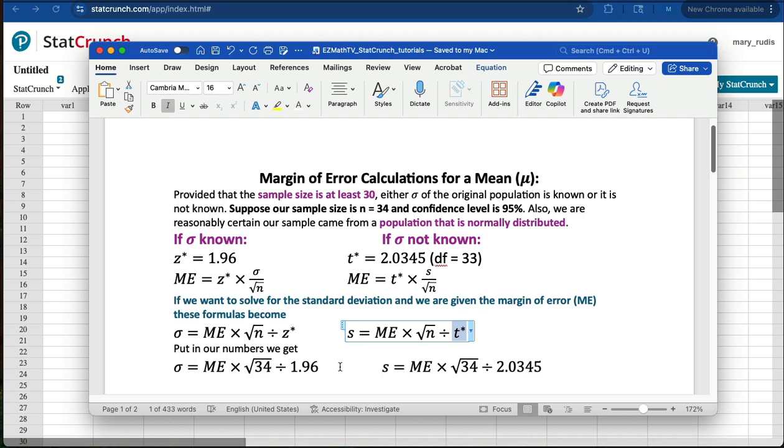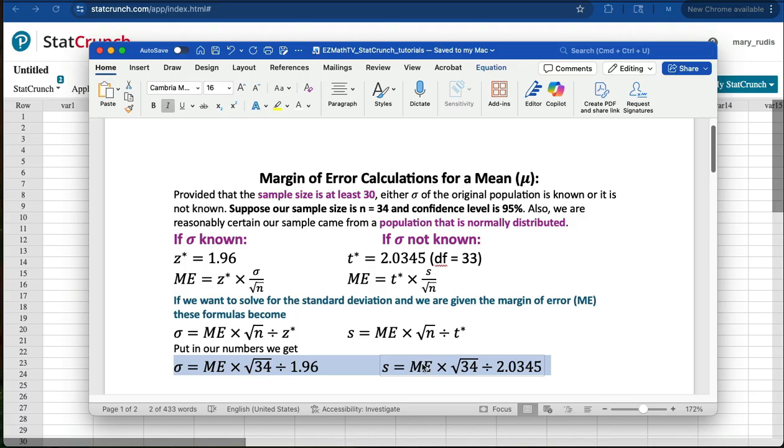Okay. In this situation, where we had a sample size of 34 and our confidence level is 95%, you plug in your 34 for n and you plug in your critical values. Then you can see at the bottom here that all you would need to know is your margin of error.